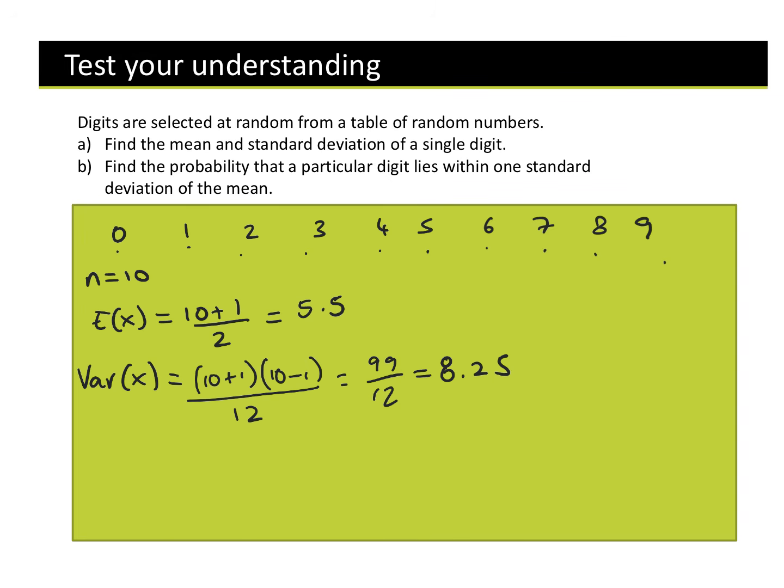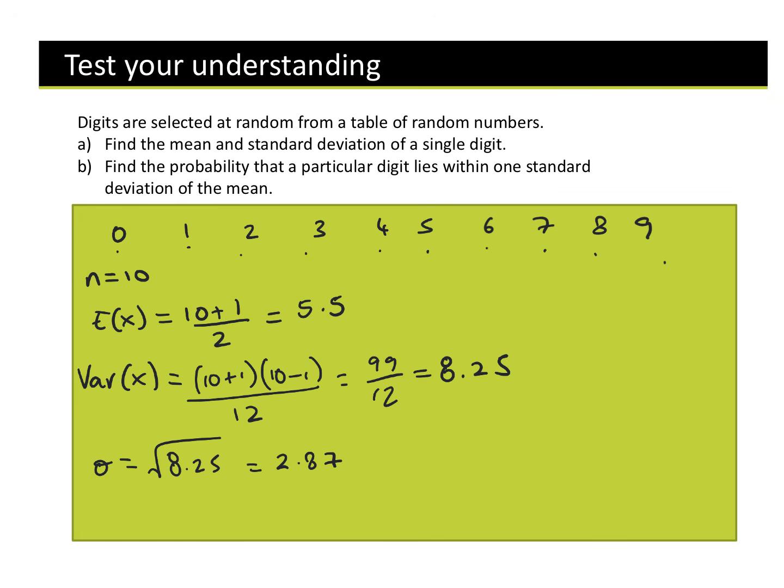So it wants the mean and standard deviation. Our standard deviation is the square root of our variance, which is the square root of 8.25, which is 2.87.